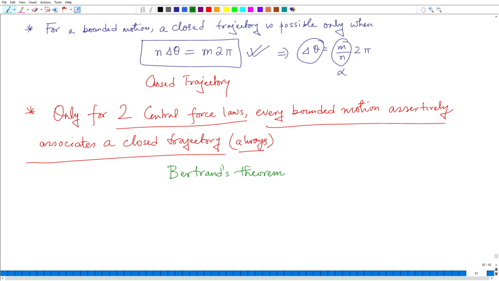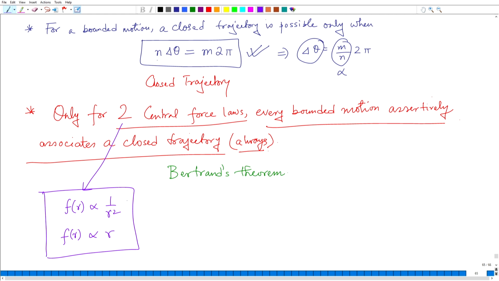And now the question is, which two laws? The first one is where f is proportional to 1 over r square, and f is proportional to r. The first is just the inverse square law. If you think of the attractive inverse square force law, this type of law is very common in nature, from planetary motions to Coulomb interactions.